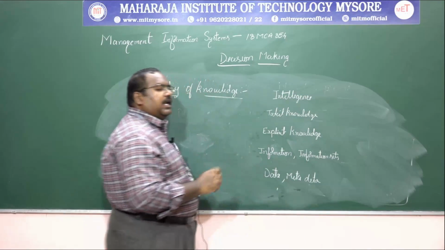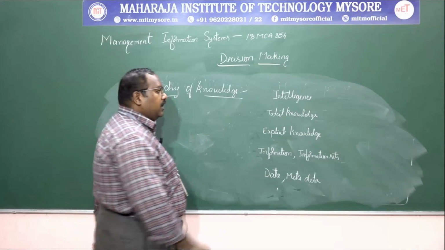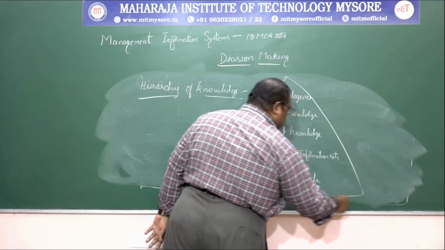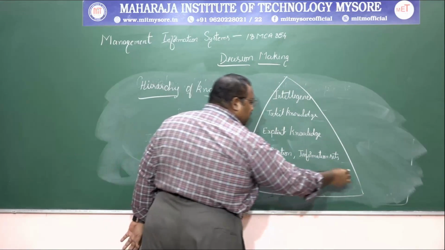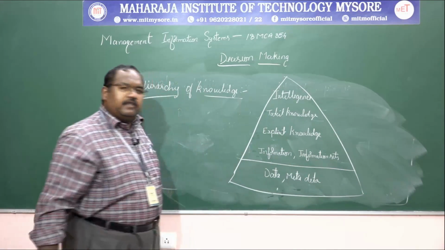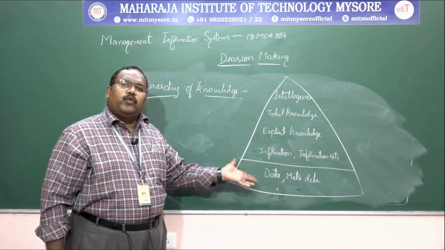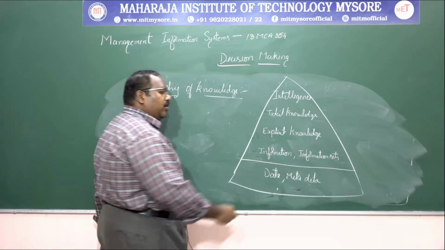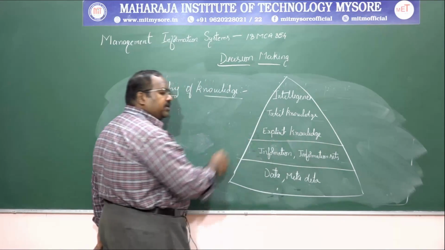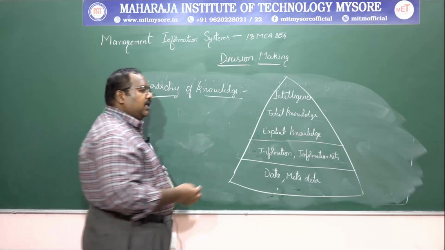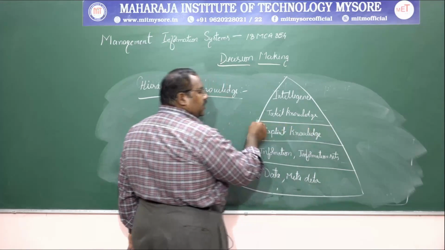So intelligence lies above all. This is represented beautifully in the pyramid structure. At the base level, you have a lot of data and metadata. With the data and metadata, you will be able to derive information and sets of information. With the information, you get explicit knowledge.